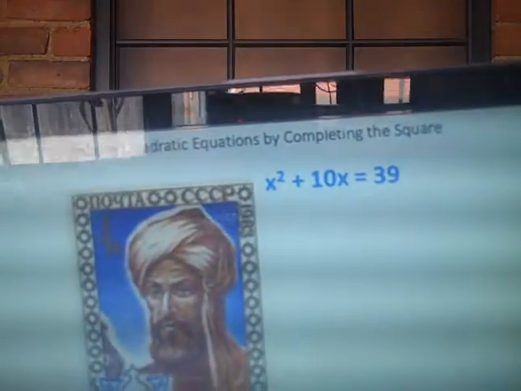And in this book he solves this particular quadratic equation using the completing the square method, and that equation is x squared plus 10x equals 39. And he solved that before he even had something like letters for variables, negative numbers, or even an equal sign.